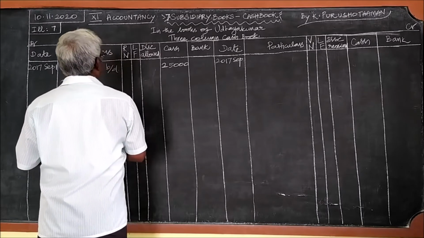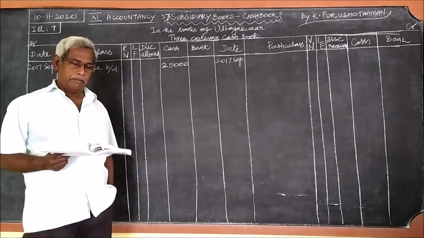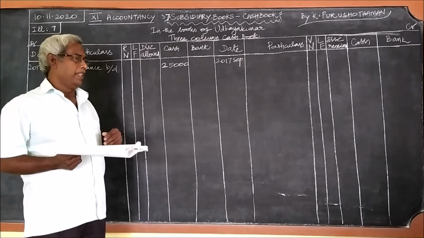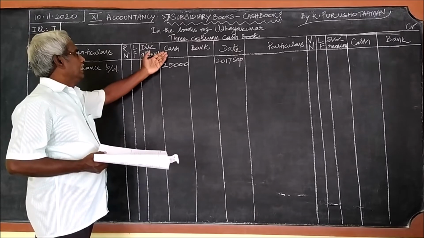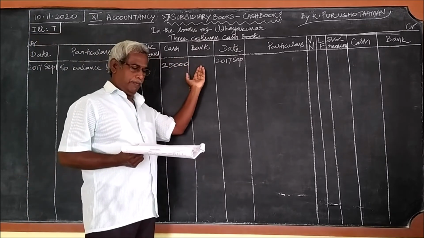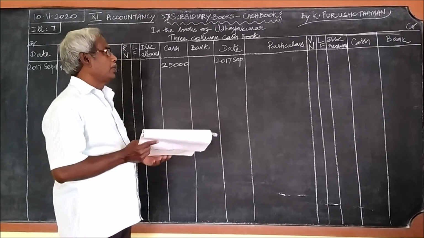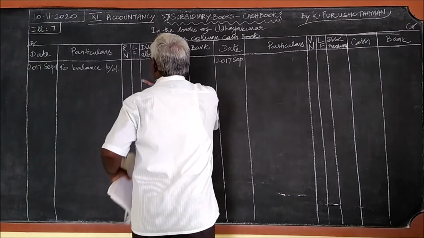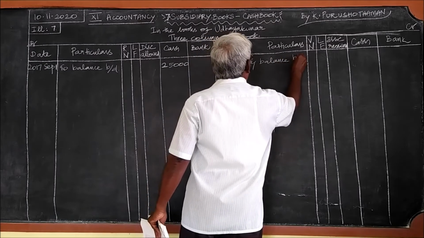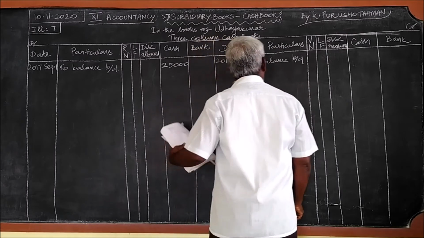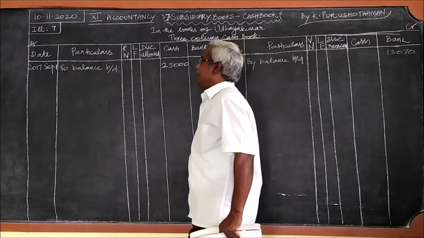Usually in other problems, cash balance and bank balance are given side by side, and you write balance brought down only once on the debit side. But here, bank balance creditor, we should write on the credit side with the same particulars, that is by balance brought down, in the bank column 13,070. This is the amount.